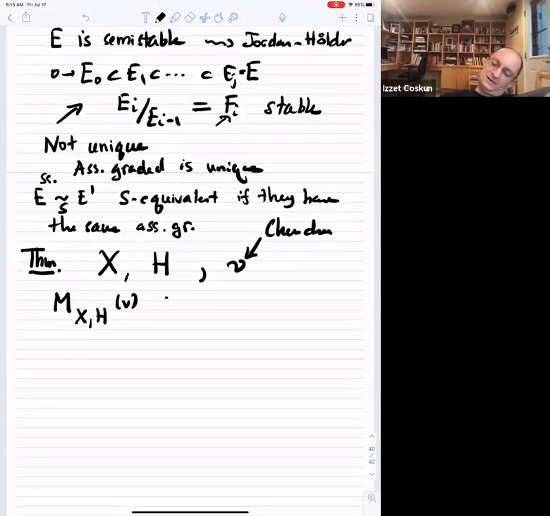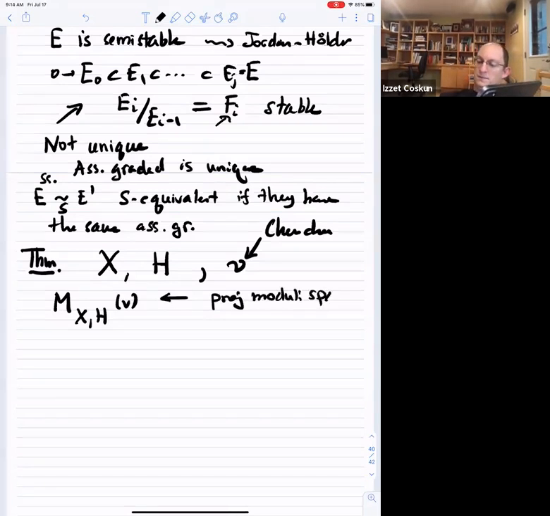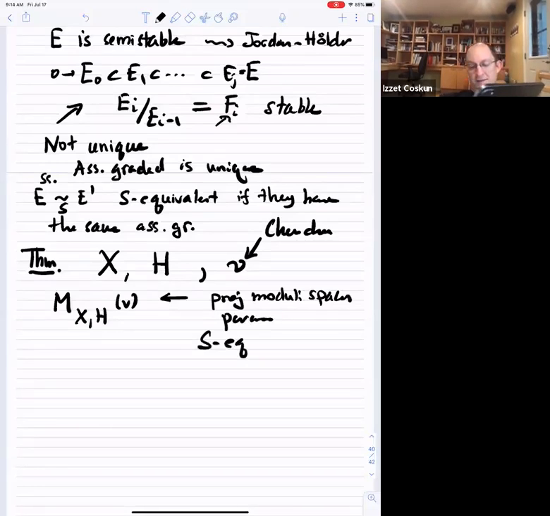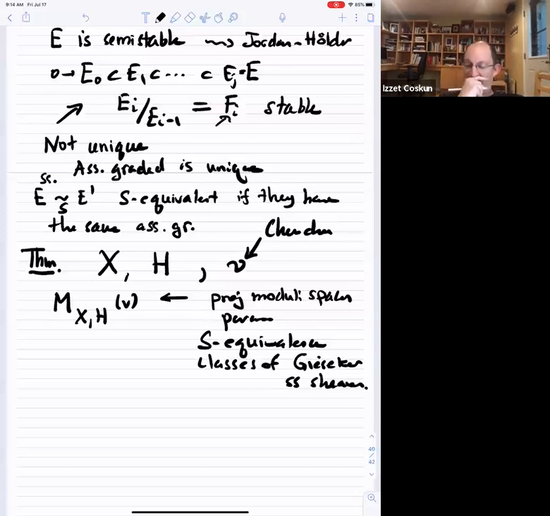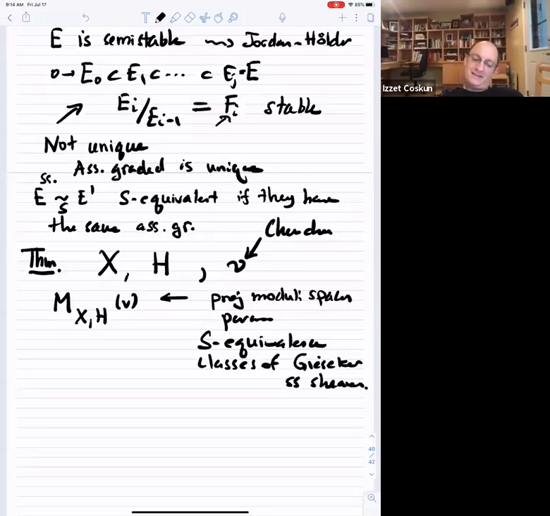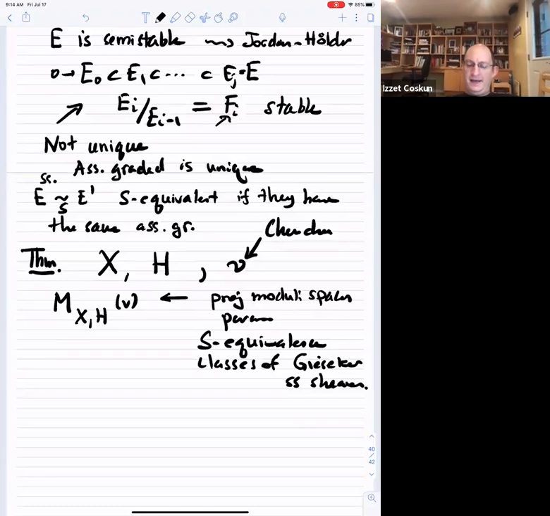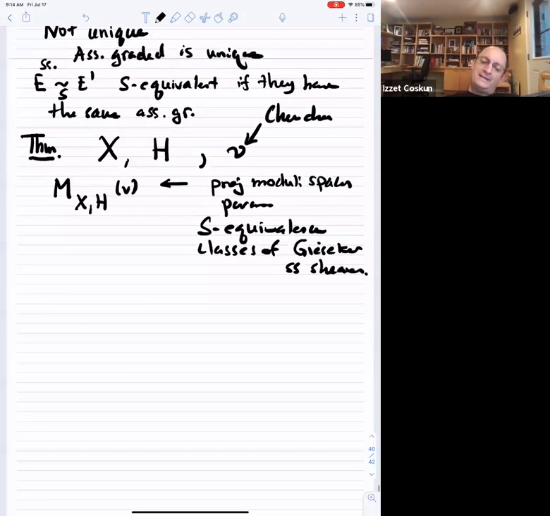These are projective moduli spaces parameterizing S-equivalence classes of Gieseker semi-stable sheaves. Okay, so there are these moduli spaces. That's the key point.